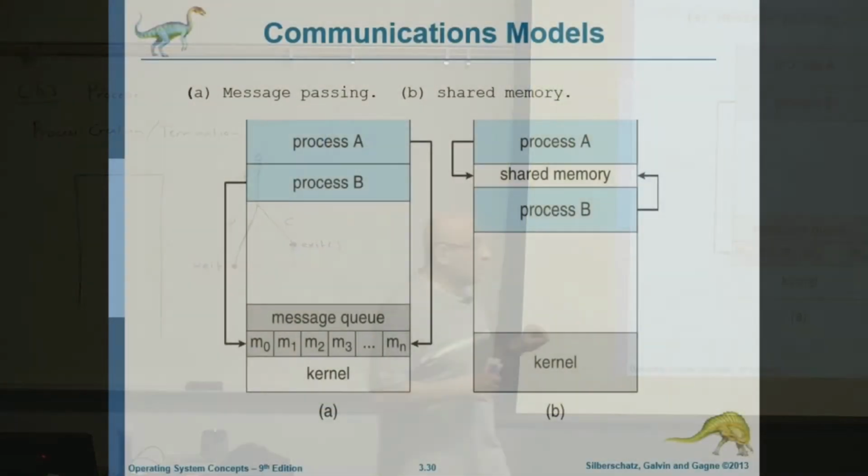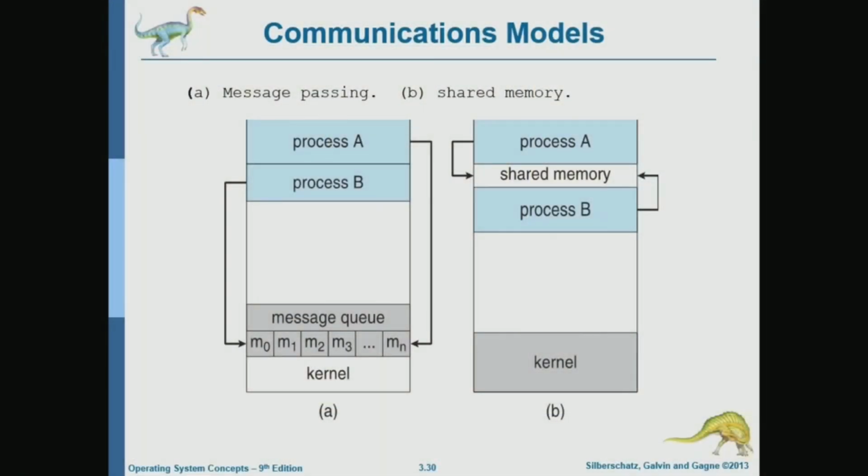Now in shared memory, it's a totally different scheme. So in shared memory, you have two processes in memory, process A and process B. And one of the processes creates a shared memory block. And that shared memory block physically belongs to the address space of one of the processes, usually the process that creates it. So suppose that here process A creates a shared memory block.